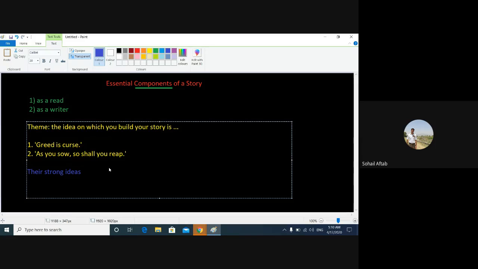If you read Hemingway, he was a very good, well-known American novelist, and his short novel The Old Man and the Sea, for which he was awarded the Nobel Prize.